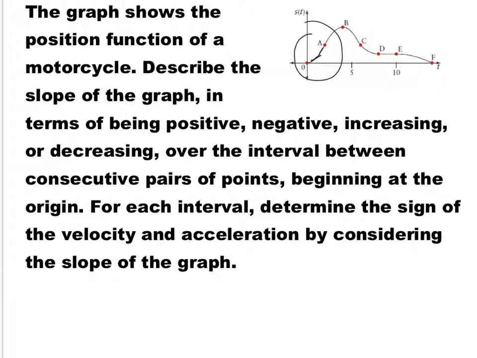The velocity is going to be positive because the slope is positive, and if we look at the interval 0 to a, we can see that the velocity is increasing, so this means the acceleration is positive. So this is for 0 to a.